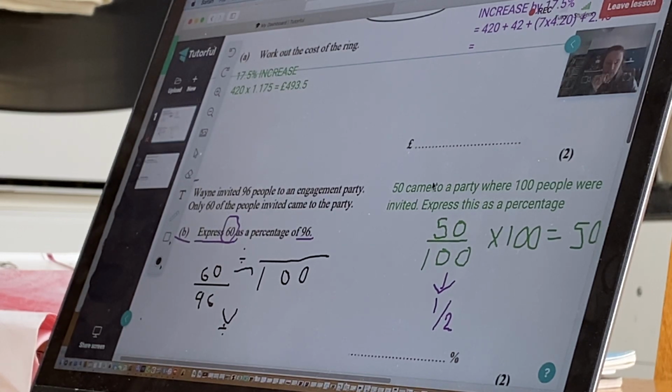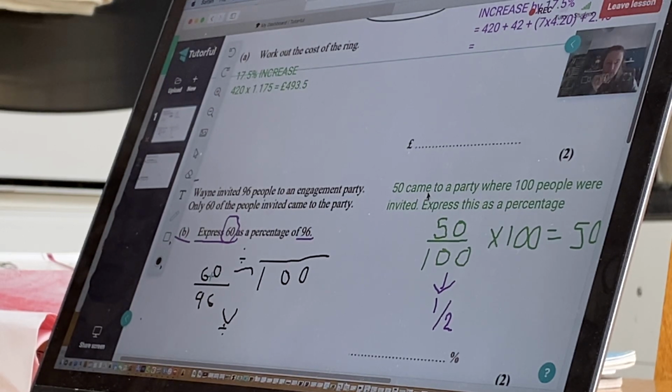I think you're overcomplicating it. Let's just try simplifying the fraction down.